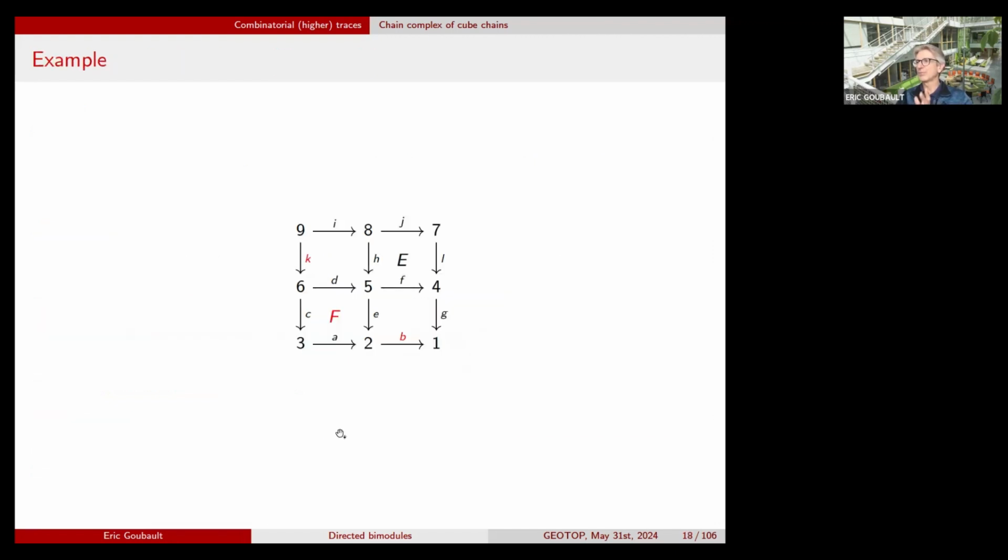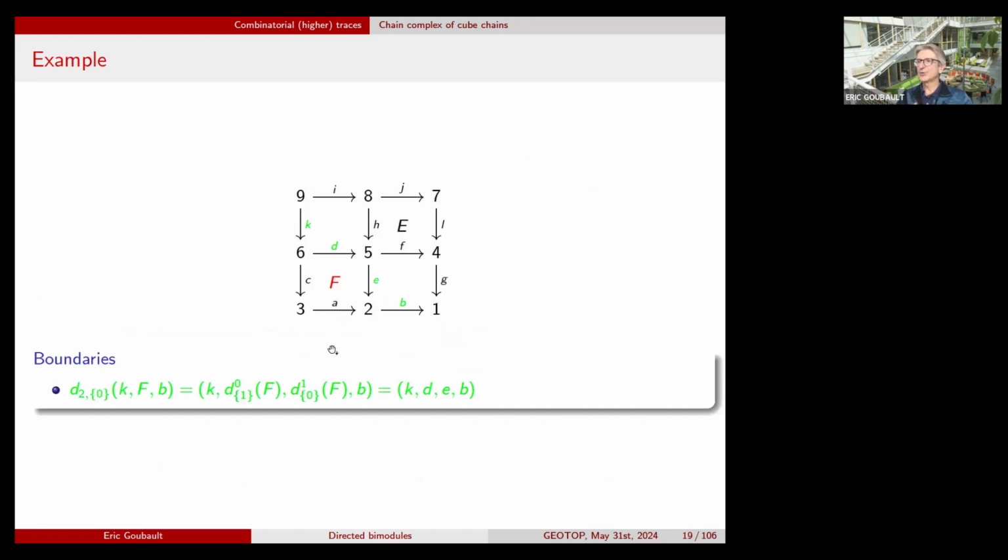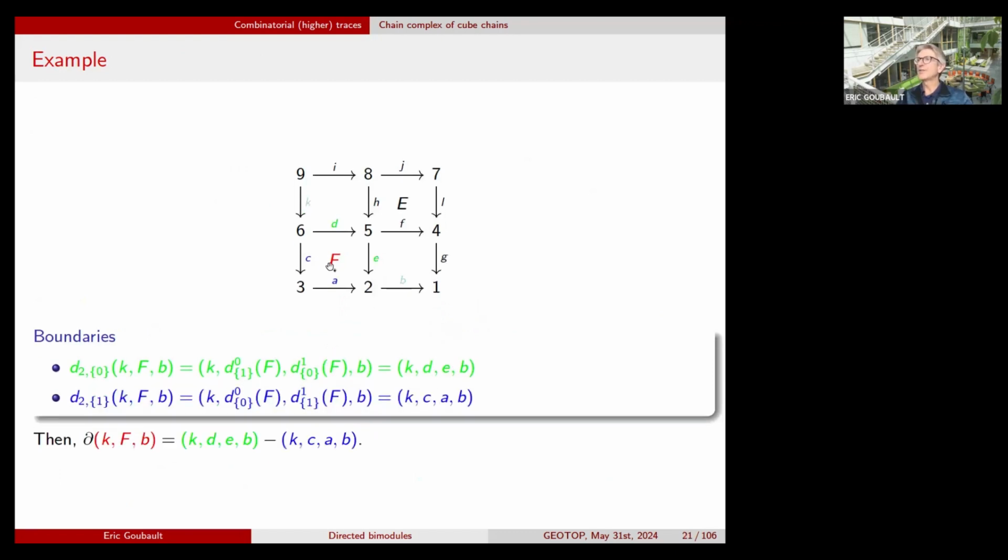So just to give you some intuition about how it goes, that's a one cube chain, that's KFB, F is a two cell. And so the boundary of this one cube chain KFB is going to be KDEB minus KCAB.